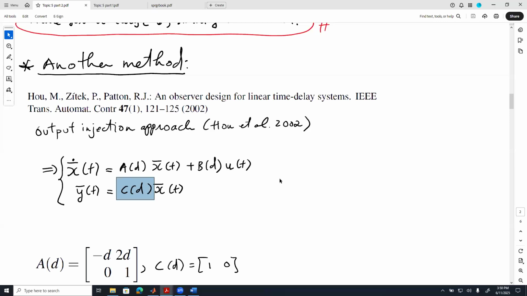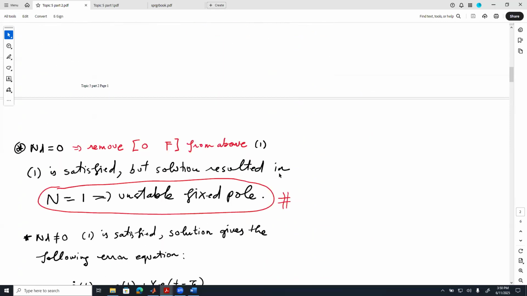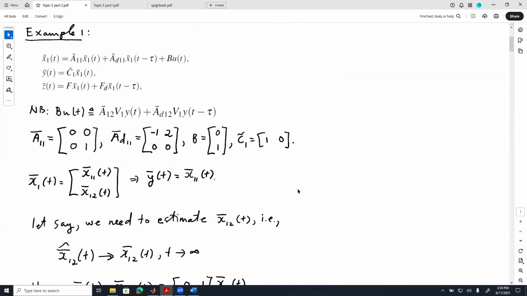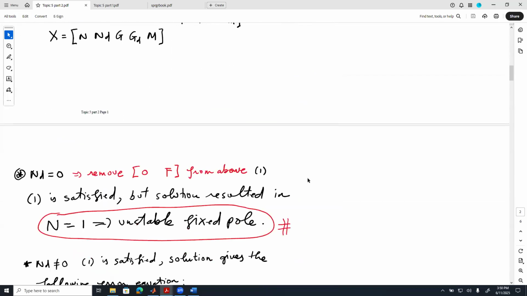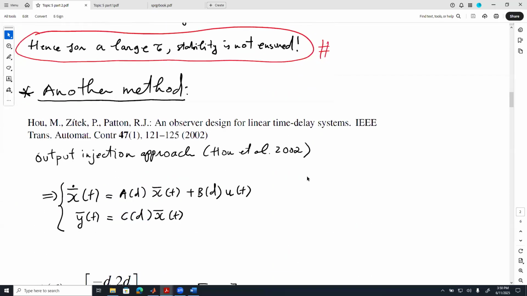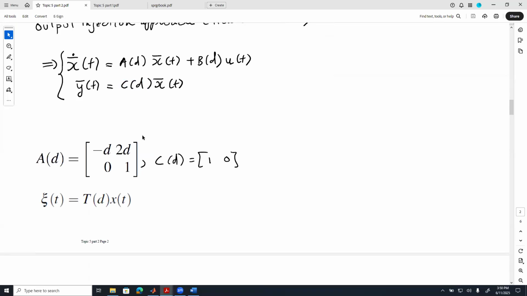Now, what happened in this example is that when we look at this matrix and we have this delay operator, there is minus D and 2D, and this is 0, 0, 0, 1. We add them up, we obtain a matrix A(D), putting it in a simplistic way of explaining it. So that's where it came from: minus 1 and 2 times x(t minus tau) becomes the D operator in here.